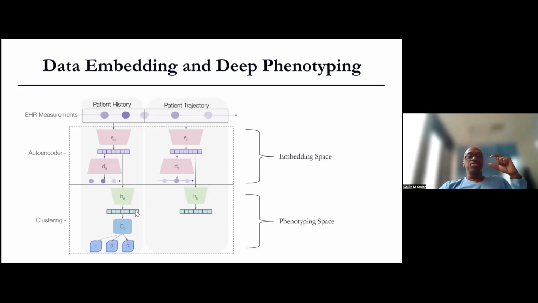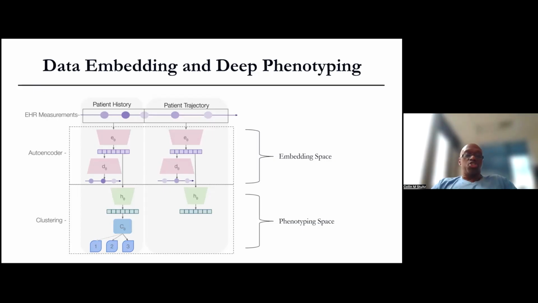So it divides the problem into both building embeddings with an autoencoder for a downstream task, but also phenotyping these patients simultaneously so that you can separate them into clinically distinguishable groups. So that is work in progress.